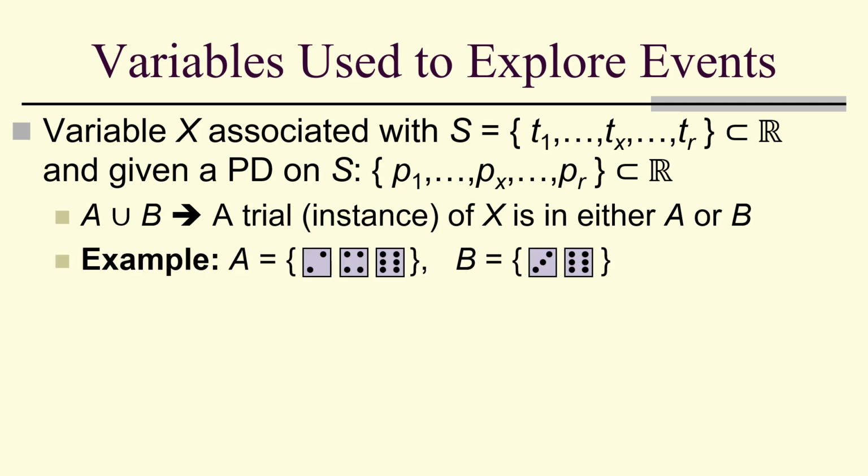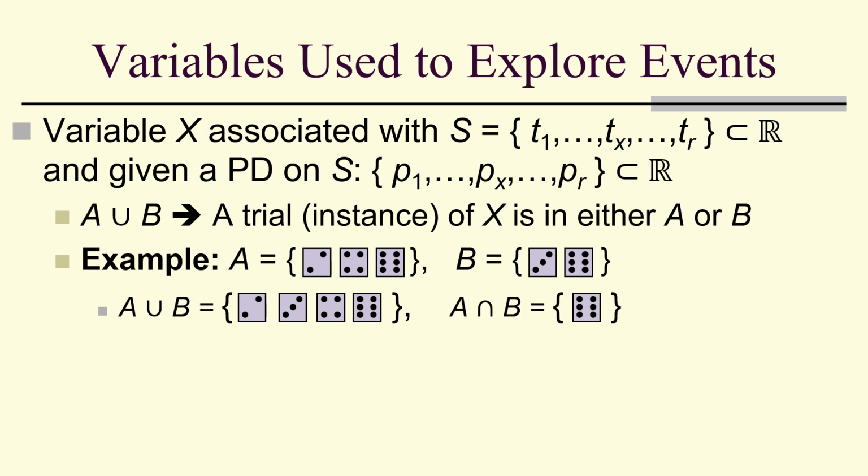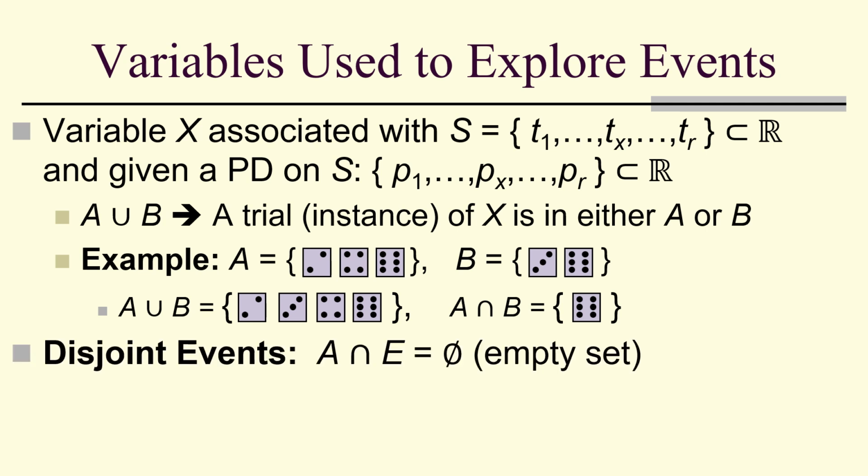Here's my A and here's my B. The union is just 2, 3, 4, and 6, each occurring one time. And the intersection is just the outcome 6.